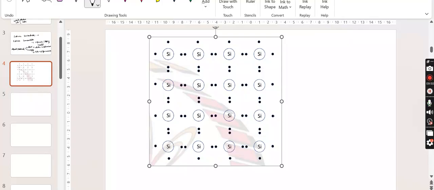However, if we dope the silicon crystal with a very little amount of arsenic, with a ratio of 1 in 100 million, we can see the semiconducting effect. So this is a crystalline silicon.